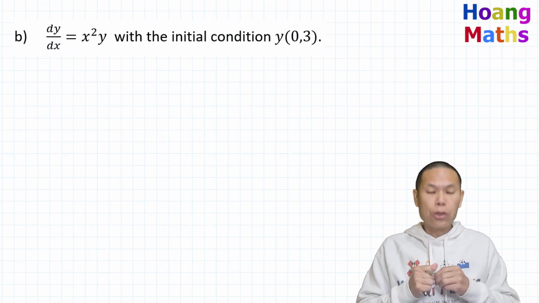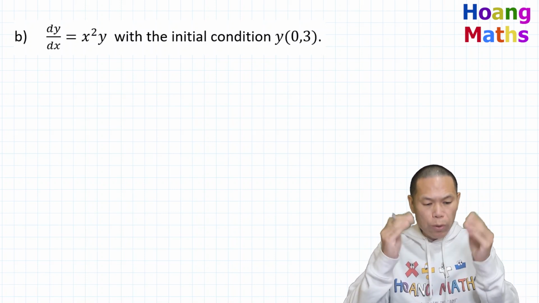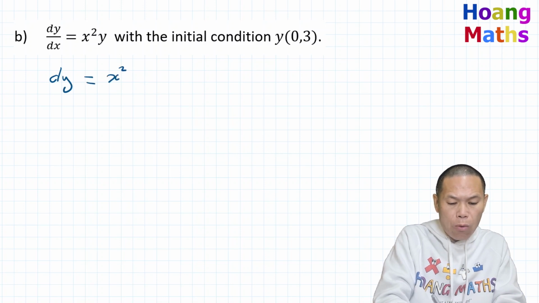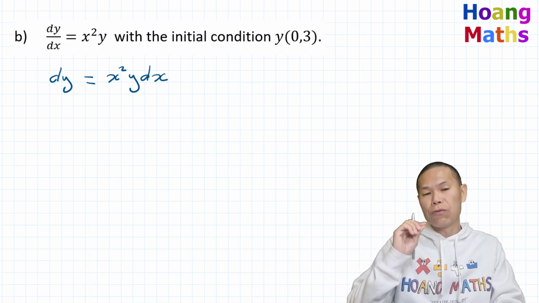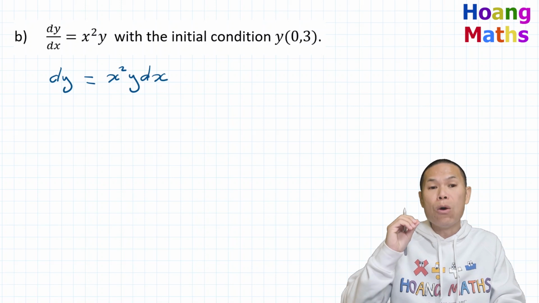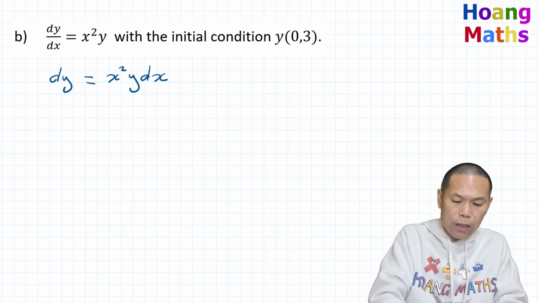Part B. Let me just multiply dx on both sides. This will give me dy is x squared y times dx. Now I divide by y on both sides because I want to separate y with dy and x with dx. If I divide this by y and this by y, that cancels out.